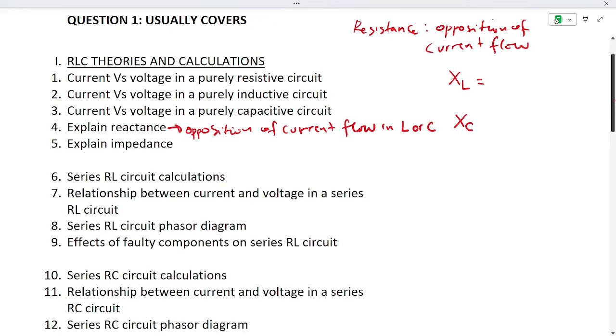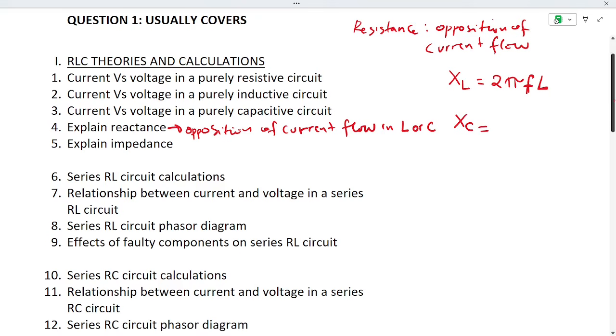And we're going to see when we start calculations that even the formulas kind of oppose each other. XL, which is inductive reactance, is going to be 2 pi F L, for inductance. The value of the inductance and the frequency they give you will allow you to calculate the inductive reactance.